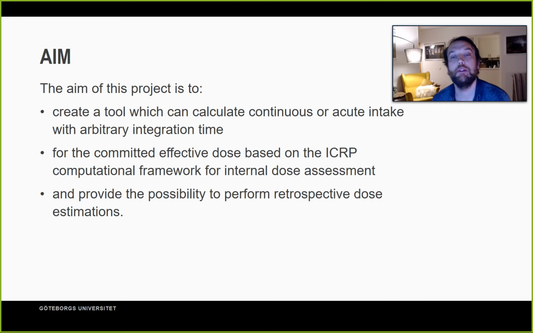This will provide the possibility to perform retrospective dose estimations, where you take data sets from a series of measurements and fit the time activity curves to the data points. So the aim is to create a tool which can be applied to other exposure scenarios covered by the ICRP.